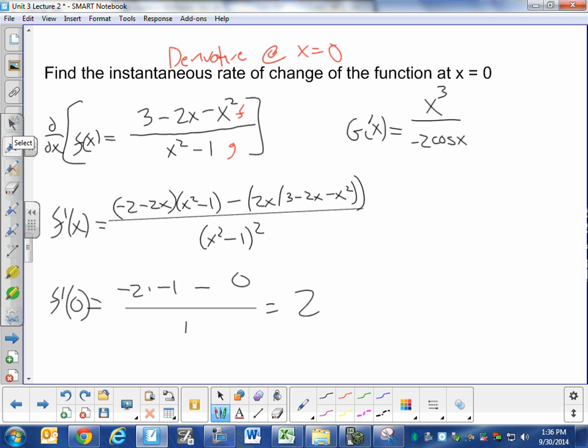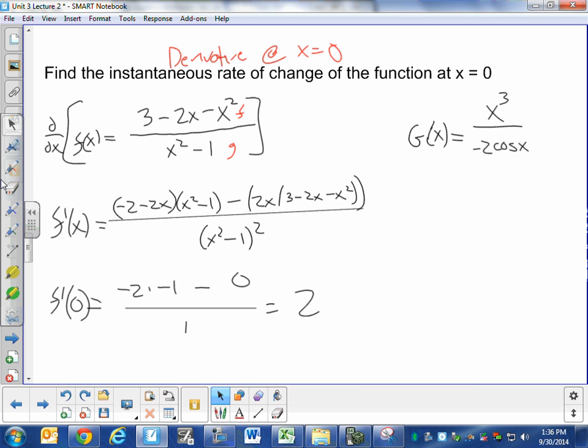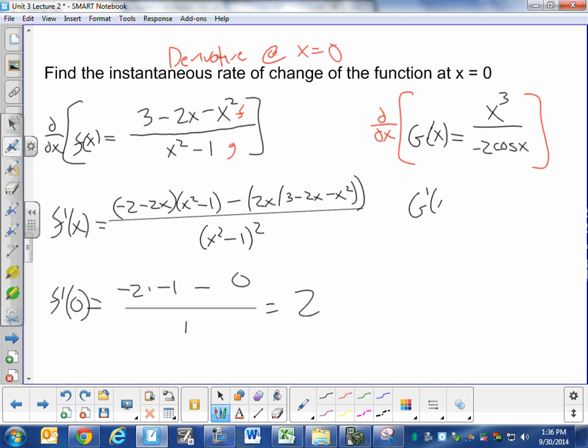Let's look at this guy. We need to take the derivative of this. We'll have to use the quotient rule. That'd be big G prime of x. The derivative of the top times the bottom. I'm going to run out of room.